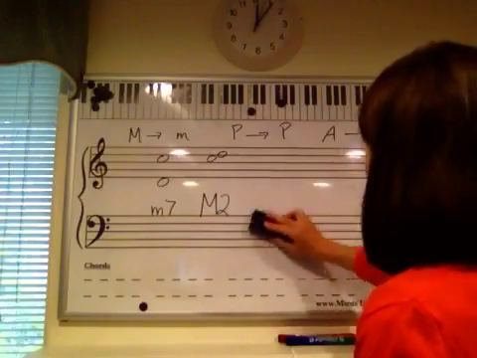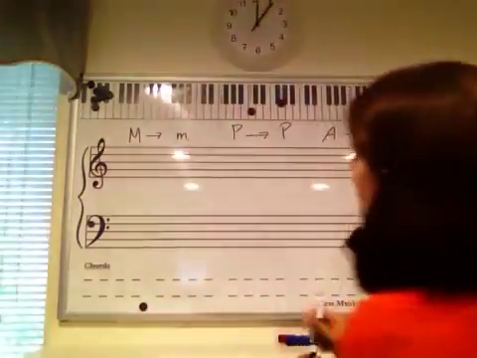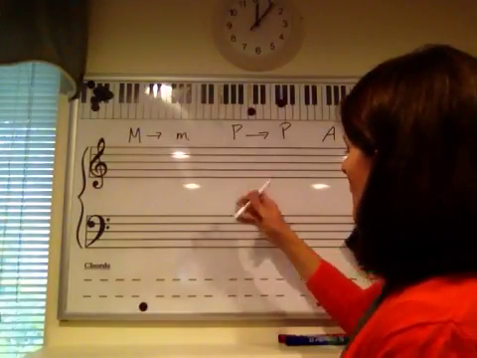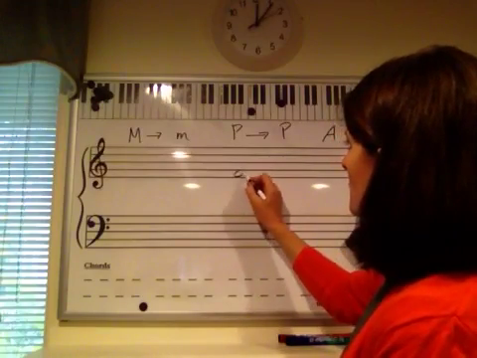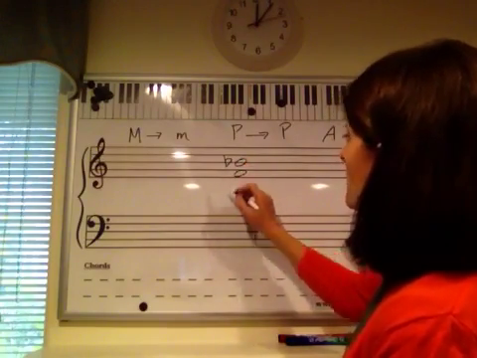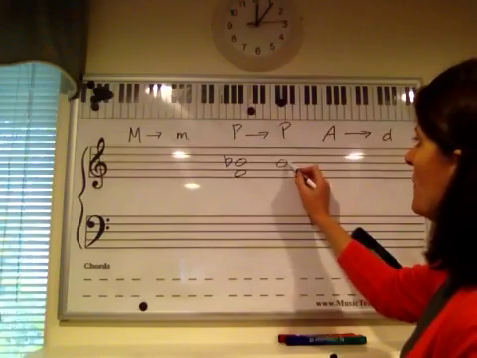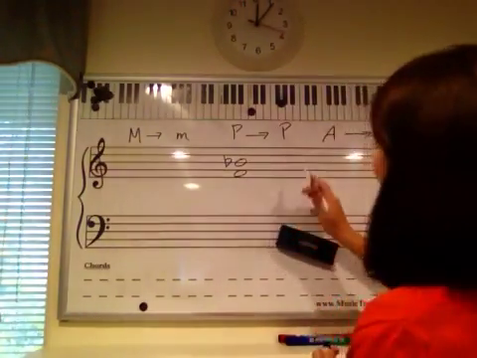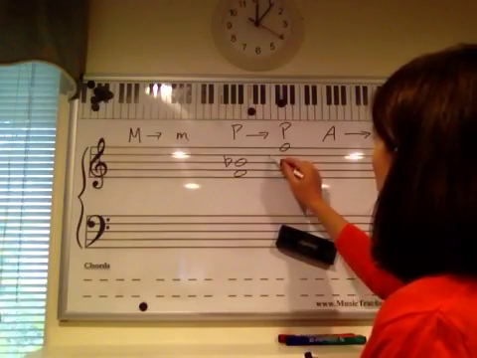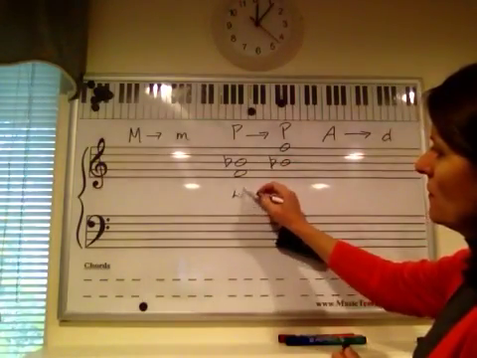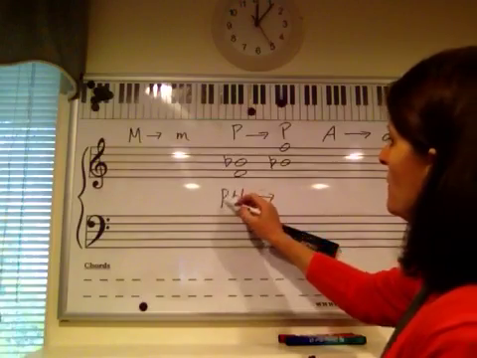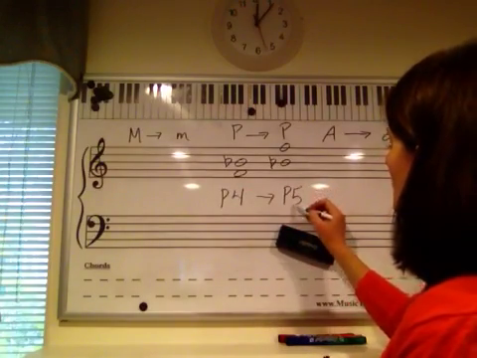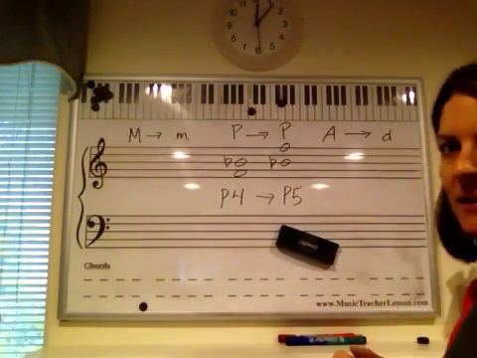Let's try another one. If I begin with a perfect fourth, and I invert the interval by putting the F on the top, I now have a perfect fifth, because perfect inverts to perfect.